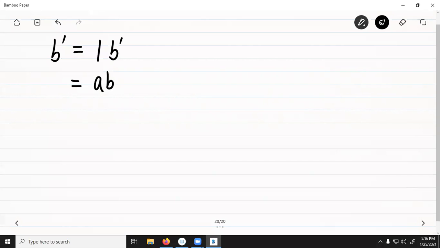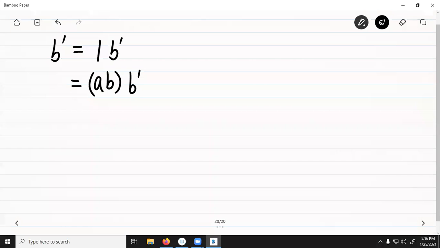A times B should be equal to 1. So we replace 1 with A times B, times B prime. A is any number, right? And we know that the multiplicative inverse from the axiom is denoted by B. So A times B equals B times A equals 1. This is what we already know, right?